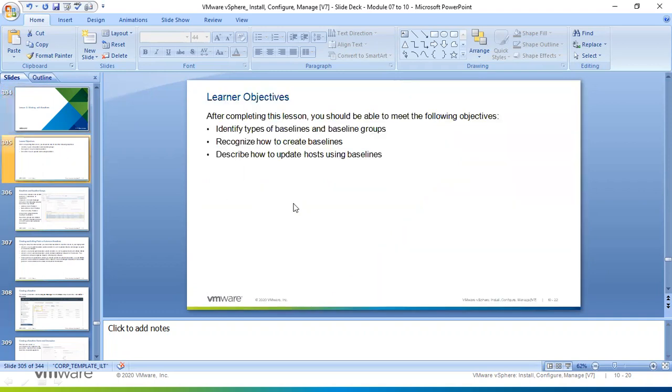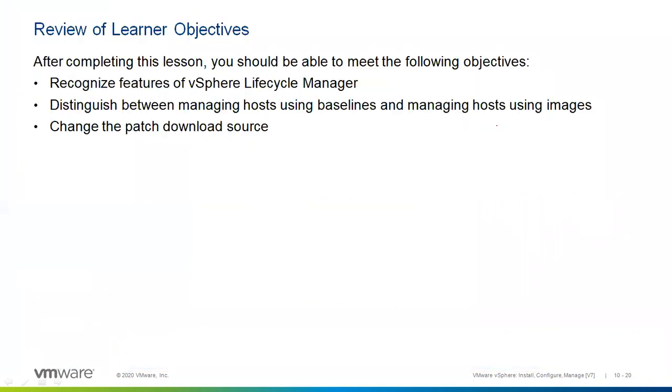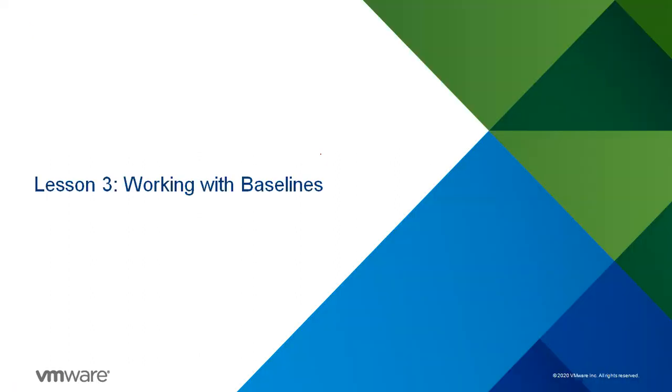That is something we have to create in our vCenter Server under vSphere Lifecycle Manager. This module is primarily about recognizing the feature of baseline, distinguishing between the different baselines, managing hosts using baselines and images, and changing the patch download source.